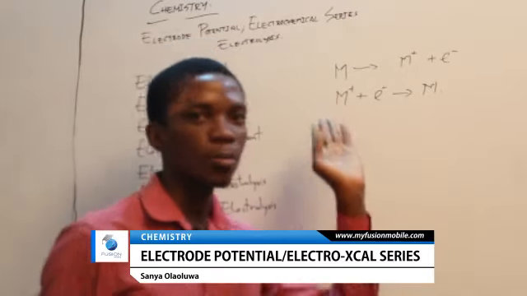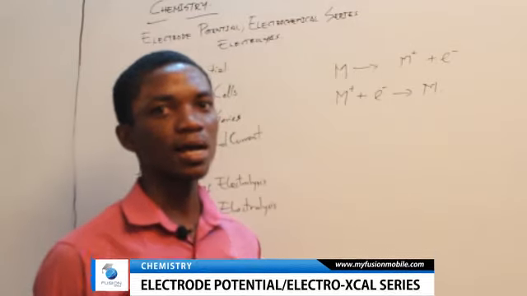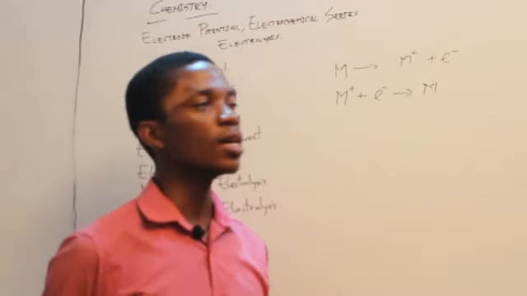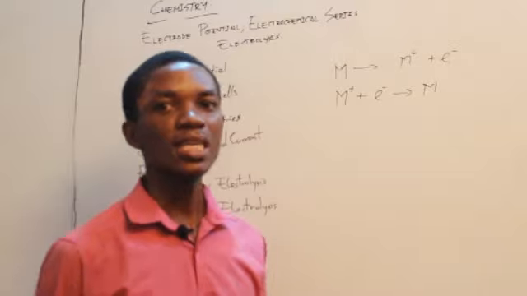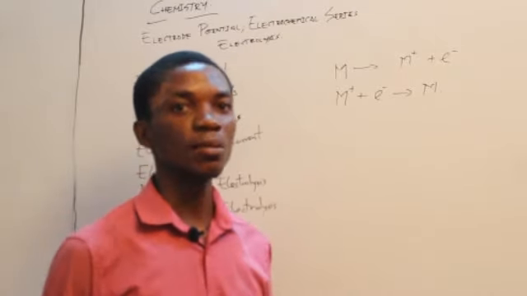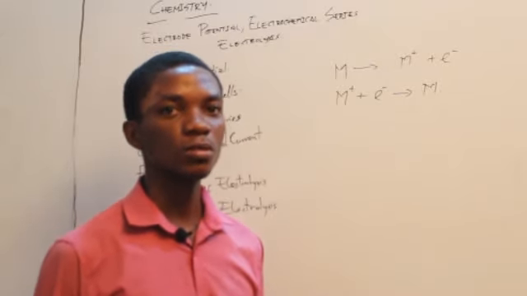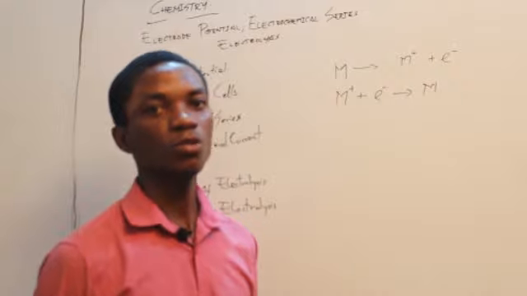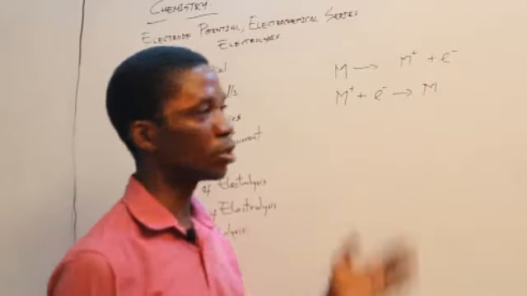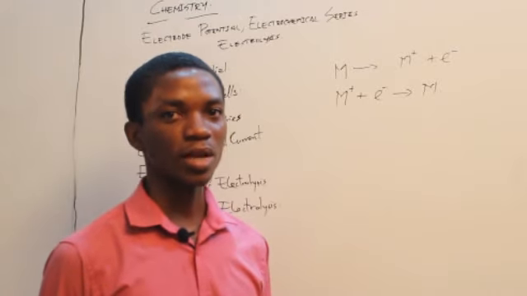This is more likely to happen at the bar of the metal that is used in the system. That plate is described as the electrode. The plate which you insert into the system is regarded as the electrode, while the aqueous salt, that is a solution which contains the ions of the particular metal, is regarded as the electrolyte.